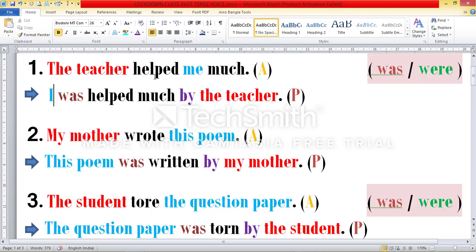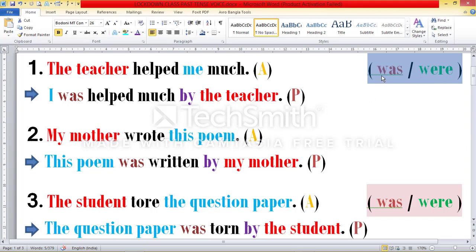And after making the object subject, we have to go to the auxiliary verb, that is be verb. So, in case of past indefinite tense, from be verb, was or were will come.